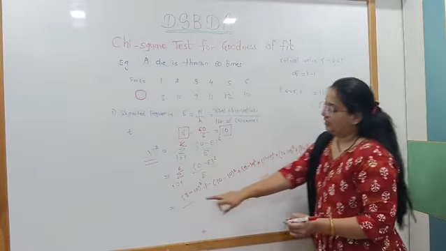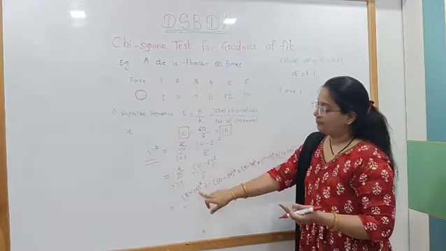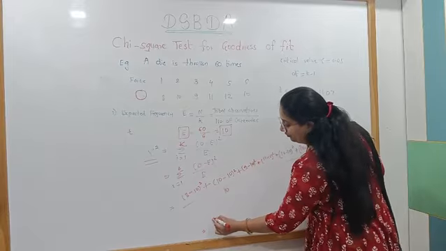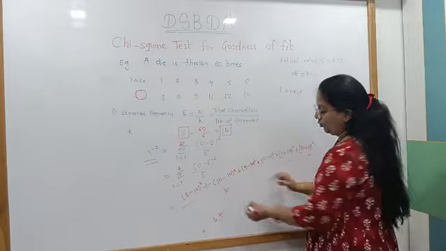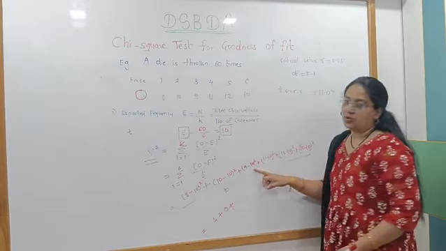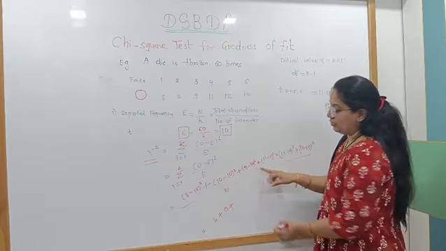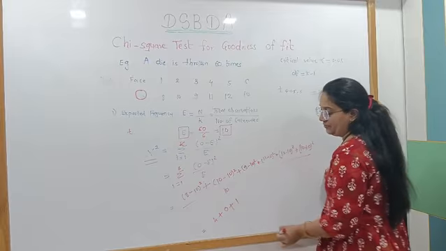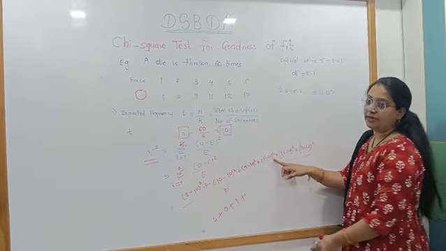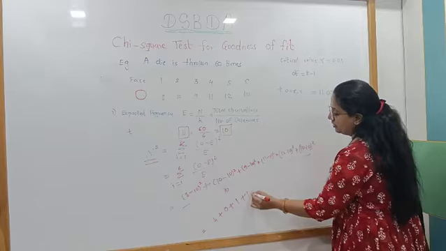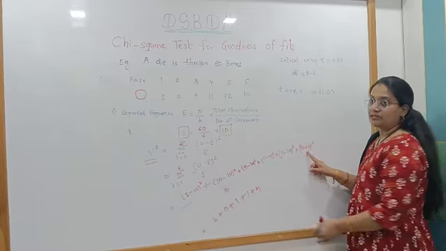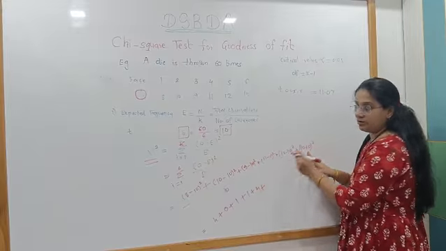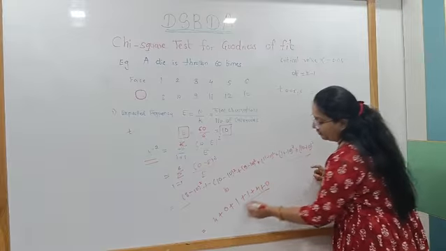We know that 8 minus 10 is minus 2, minus 2 squared is 4, plus 10 minus 10 is 0, 0 squared is 0, 9 minus 10 is minus 1, squared is 1, plus 11 minus 10 is 1, 1 squared is 1, plus 12 minus 10 is 2, 2 squared is 4, plus 10 minus 10 is 0, 0 squared is 0, divided by 10.